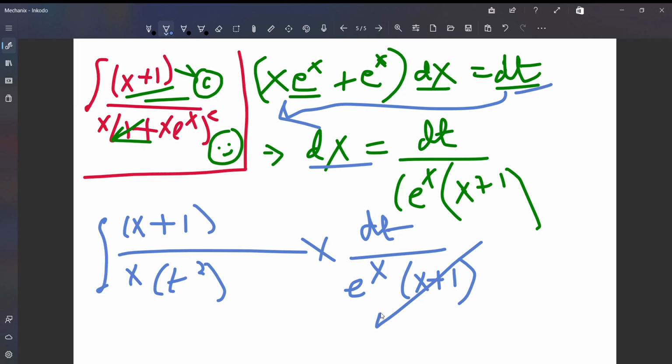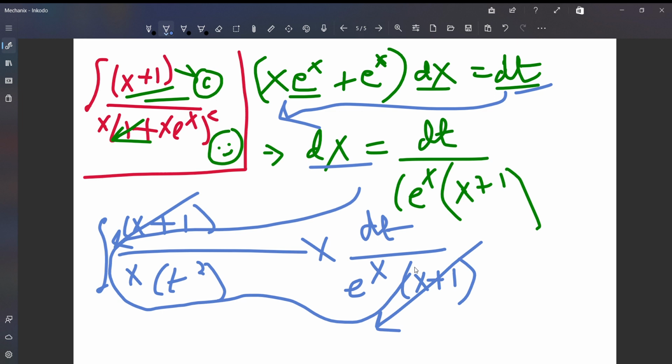So this gets cancelled out and this gets cancelled out, leaving us with dt by x e power x into t square.